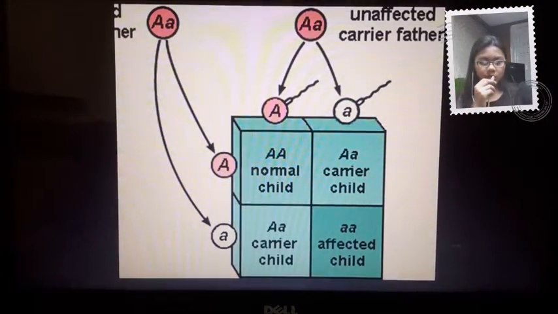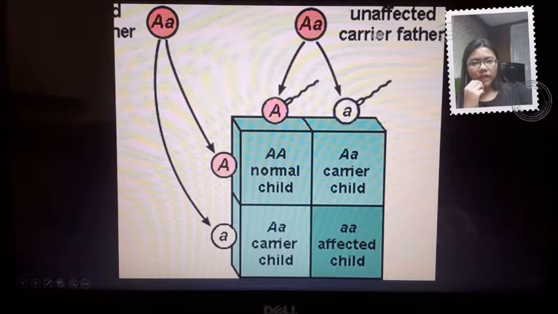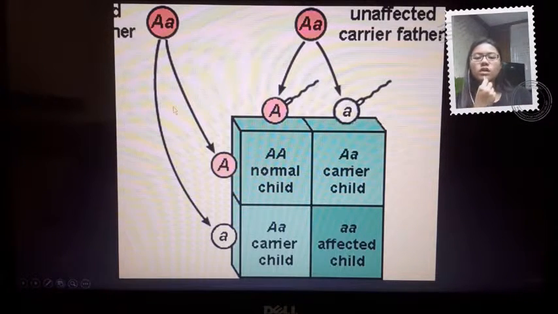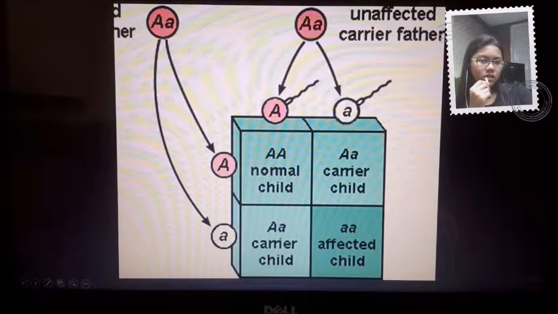So as we can see here, the father is unaffected and is a carrier. Mother is unaffected as well, but is also a carrier. So as we can see here, this is a normal child.